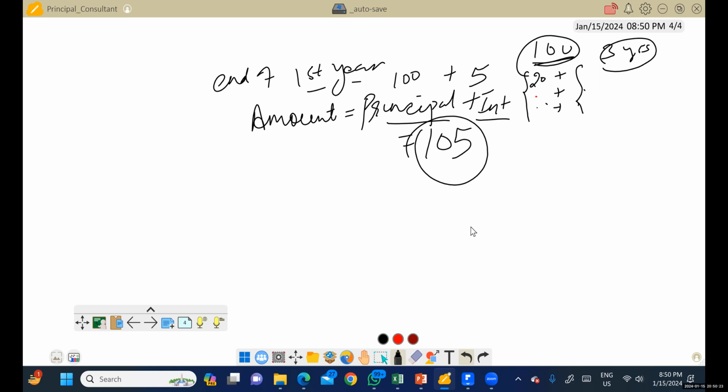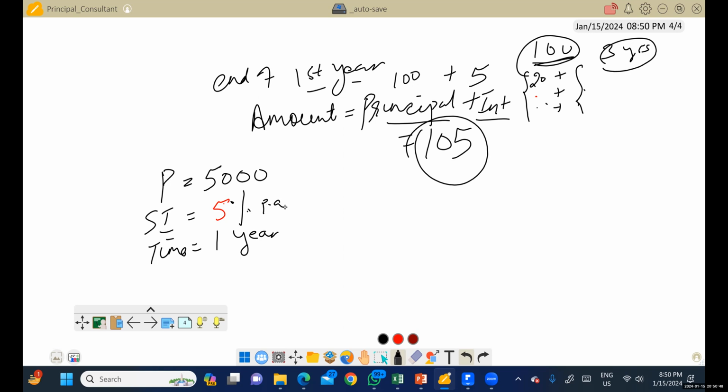It says the principal is equal to 5,000. Simple interest is equal to 15%. We always have one timeline. Time is equal to 1 year, 15% per annum, and we are saying for 1 year.